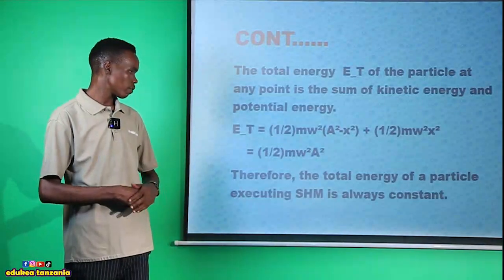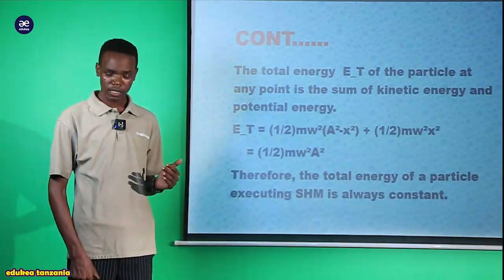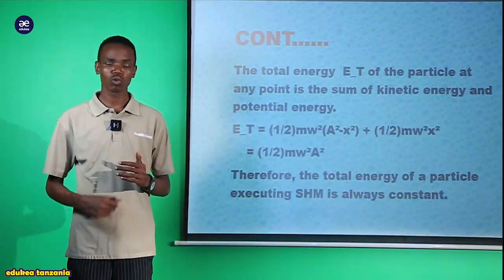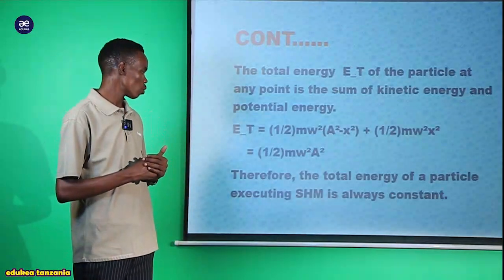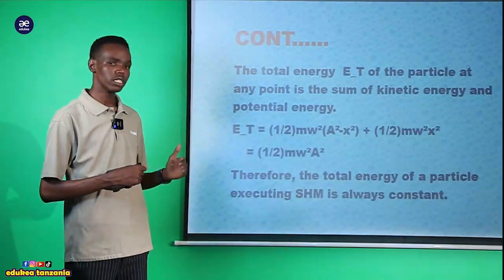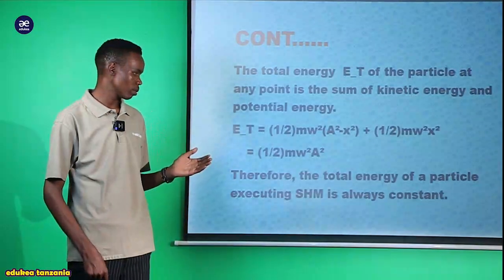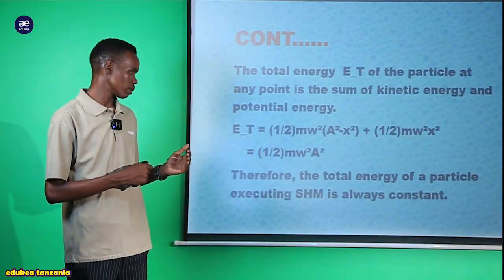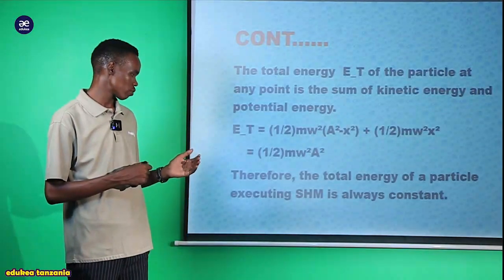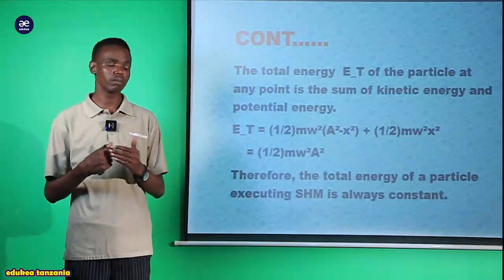So therefore, after getting this formula, we are supposed to conclude. We conclude by saying that this is the formula for obtaining the total energy of the particle executing simple harmonic motion.